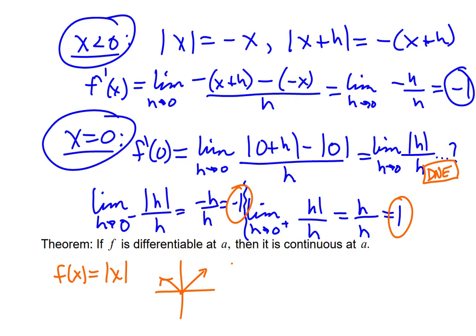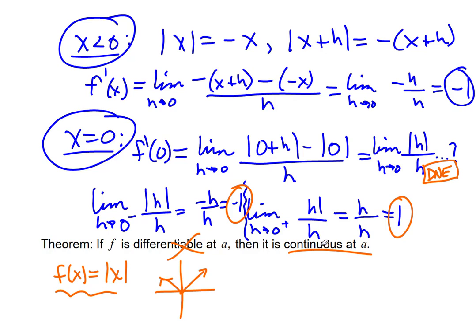So think about what this theorem is saying. It's saying if f is differentiable, then it is continuous. But the opposite direction is not necessarily true, as we just saw. This function, absolute value of x, is continuous at a, but it's not differentiable when a is 0, that is.